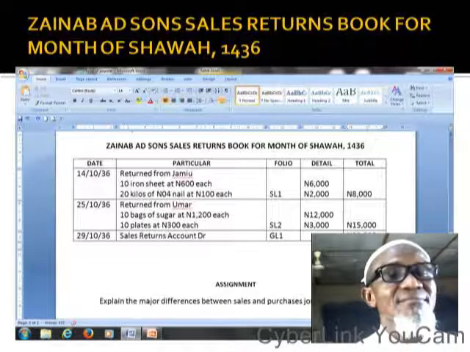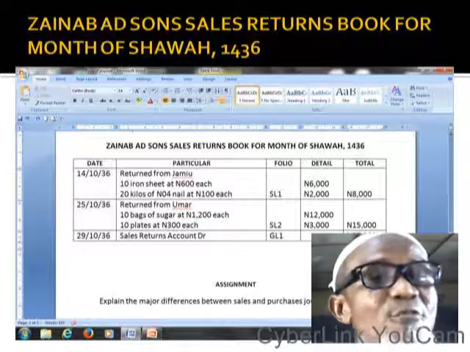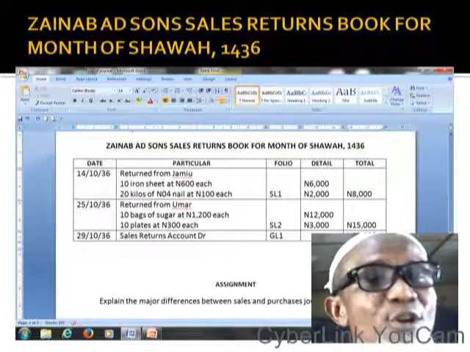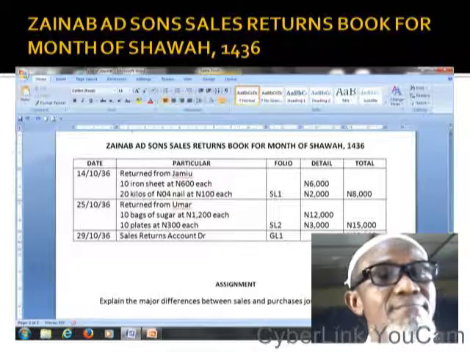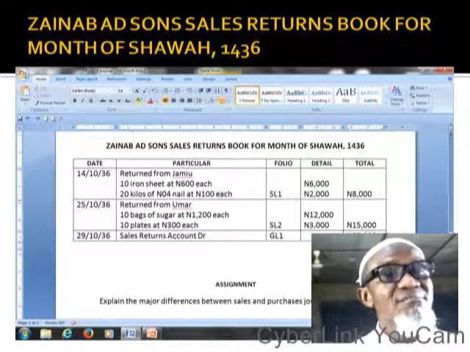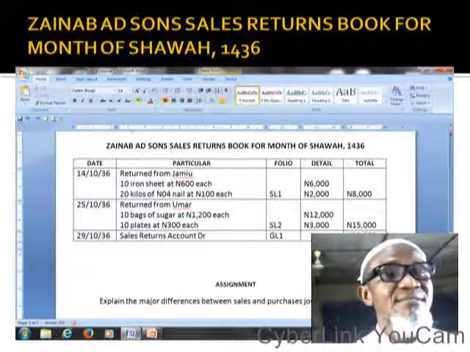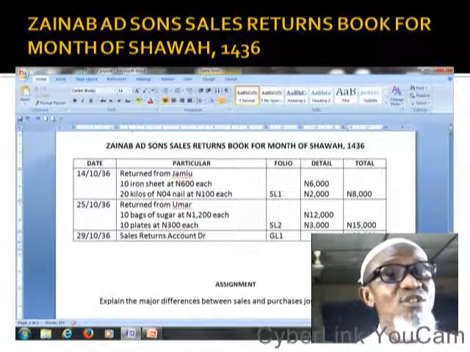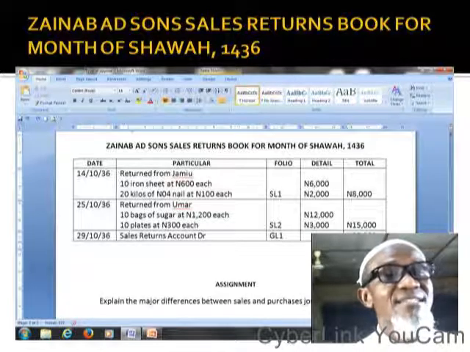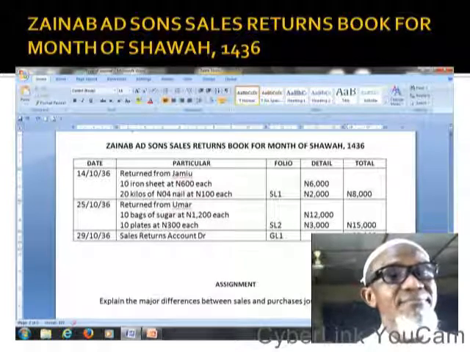In conclusion, we've managed to discuss four types of journal here. The first is the purchases journal, which is used to record all the goods purchased on credit. Then you have the sales journal, which is used to record all the goods sold on credit.